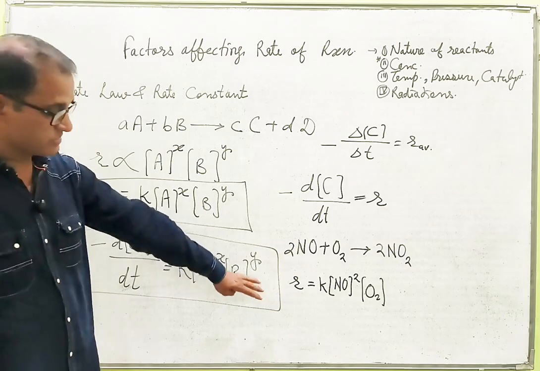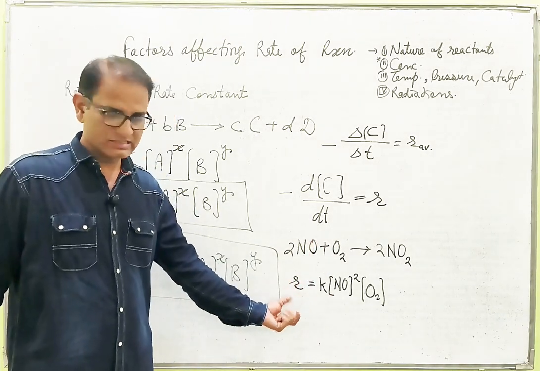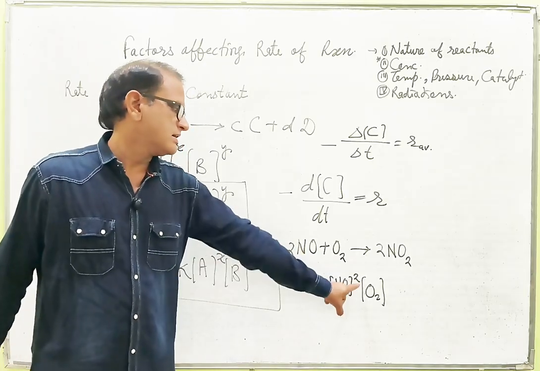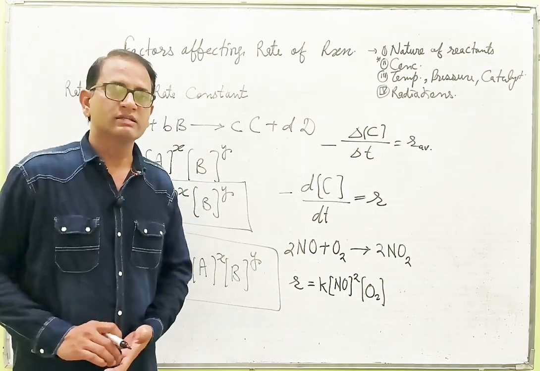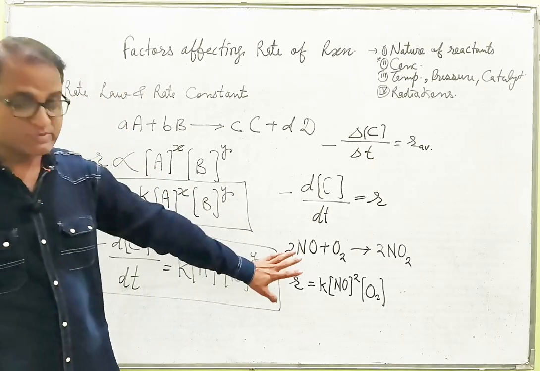This is the rate expression or rate law for this reaction, and here we can see that the stoichiometric values and the order of reaction are the same. So this may happen.